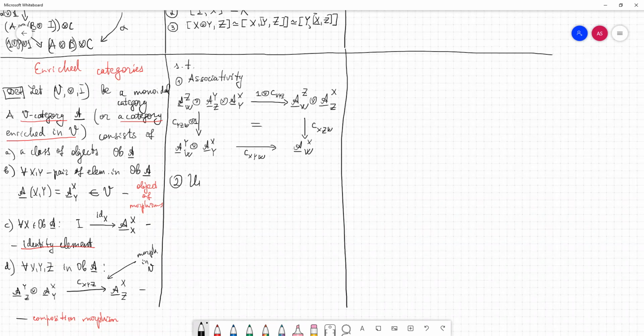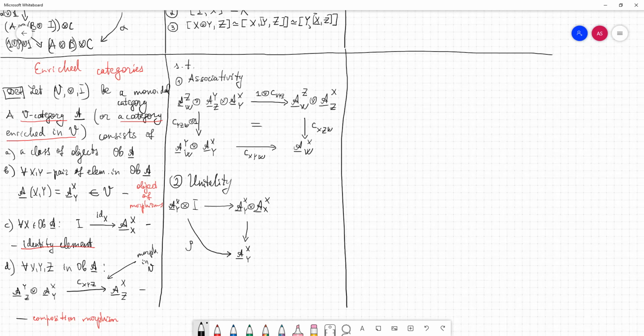And second, unitality. So A from X to Y tensor identity goes into A from X to Y tensor A from X to X, going under composition to A from X to Y. Here is rho, the right unitor.